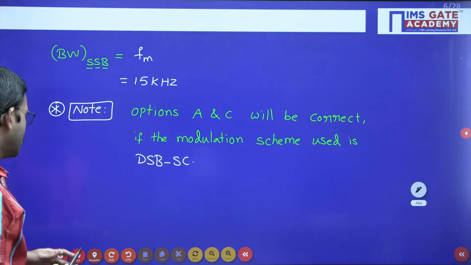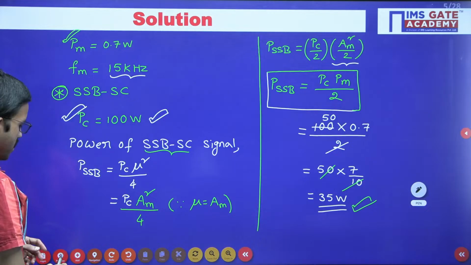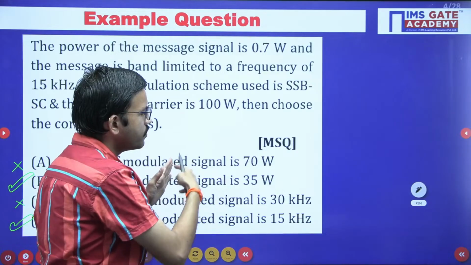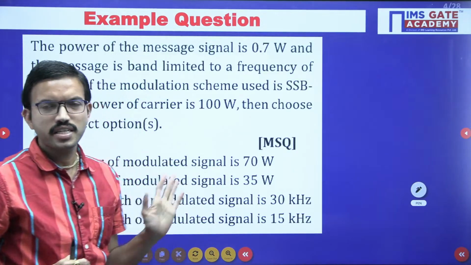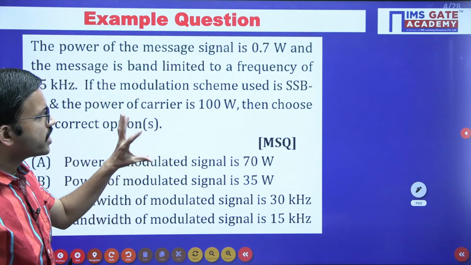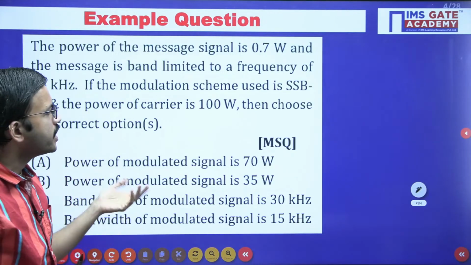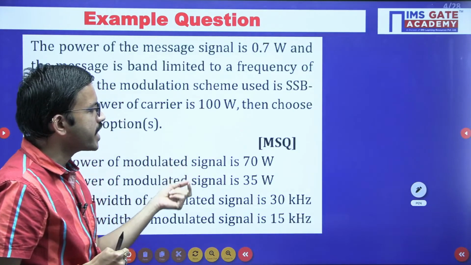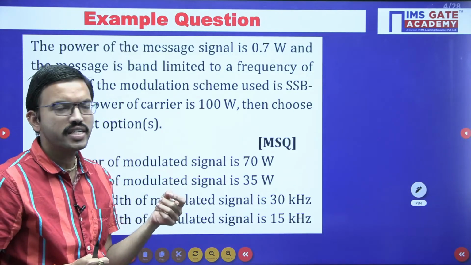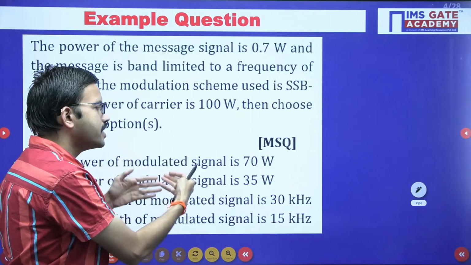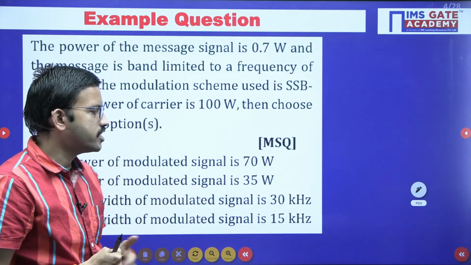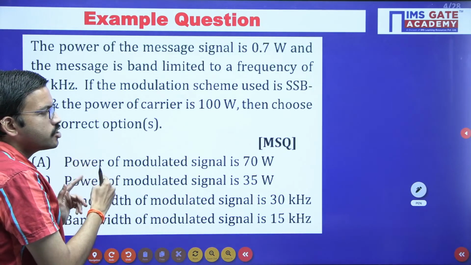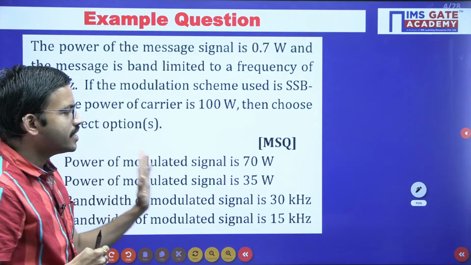Right. So in the GATE exam, regarding MSQ questions, whenever the concept is theoretical, there they can frame the options with respect to theoretical statements. But whenever you are having problematic questions, suppose in this particular chapter you are having the calculations regarding the power, regarding the bandwidth, they can give two choices related to power, two choices related to bandwidth like this, or they can give two choices related to one technique and two choices related to another technique.